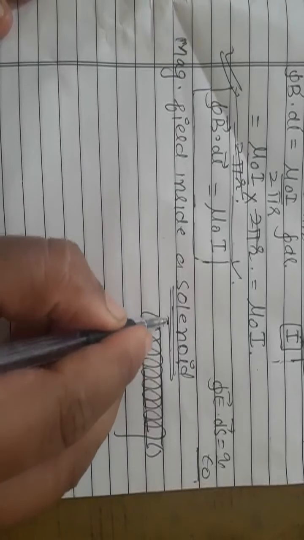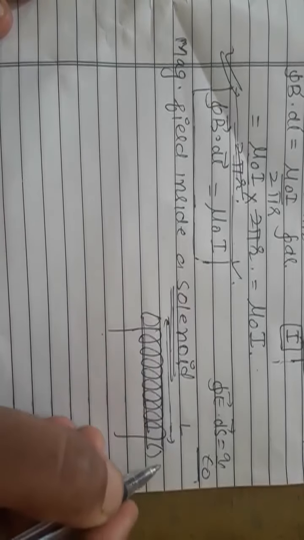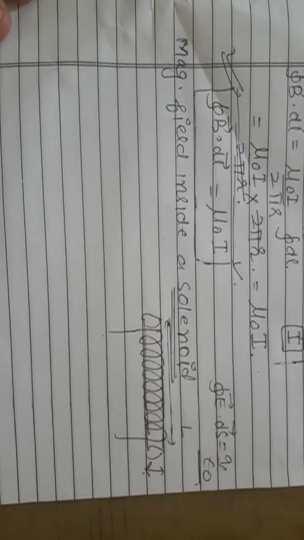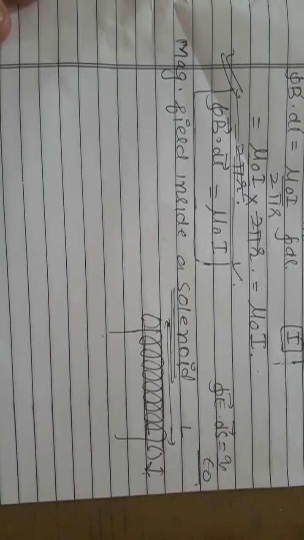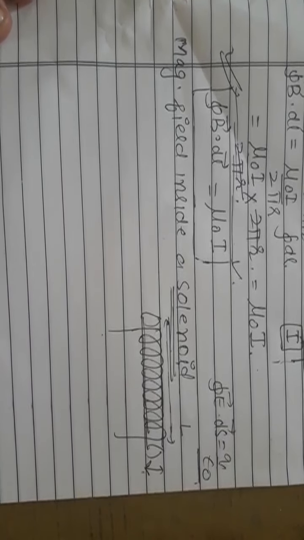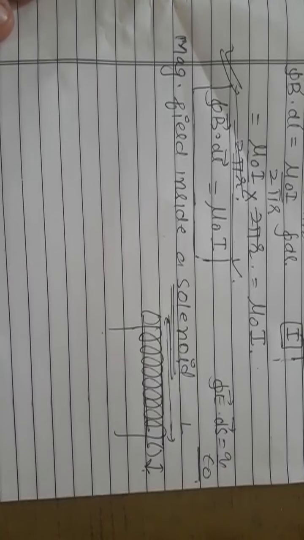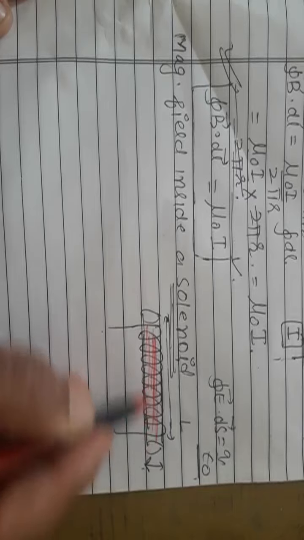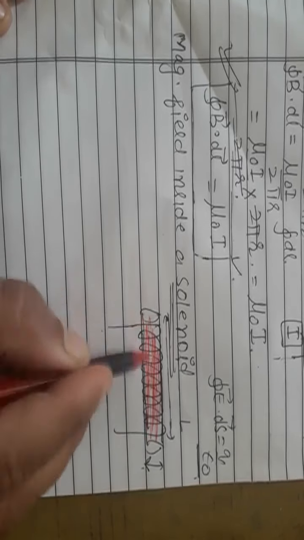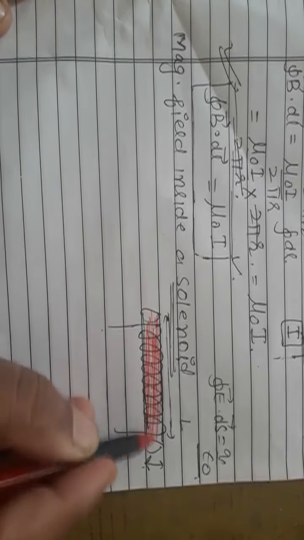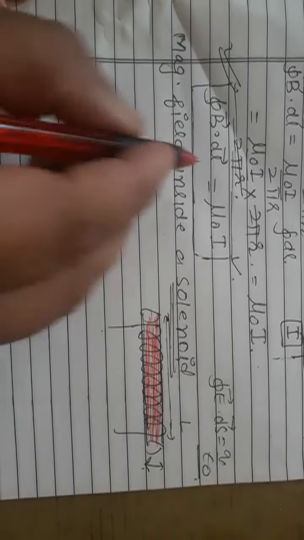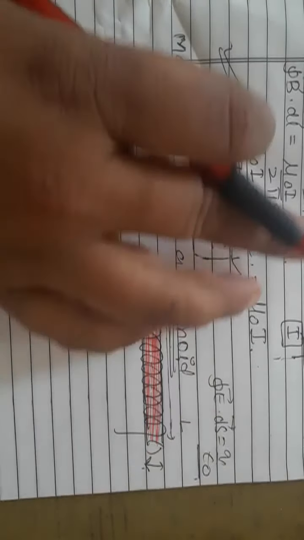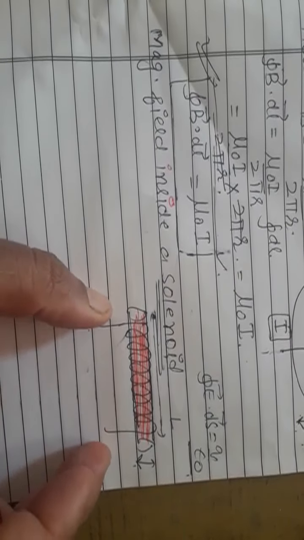The condition is that the length of this is always more than its diameter. Now we have to find the magnetic field inside, this red line you can see. We have to find the magnetic field inside this solenoid with the help of which law? Ampere circuit law.